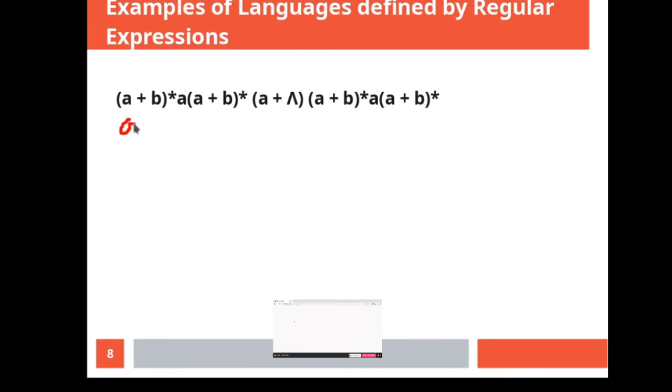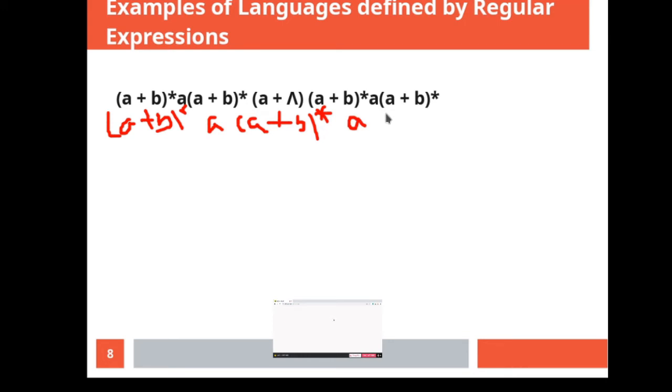I have (a+b)* a (a+b)*, and now I have a choice between a and null. So let me choose a. I have chosen a instead of null because there was a choice, and this is a distributive thing.